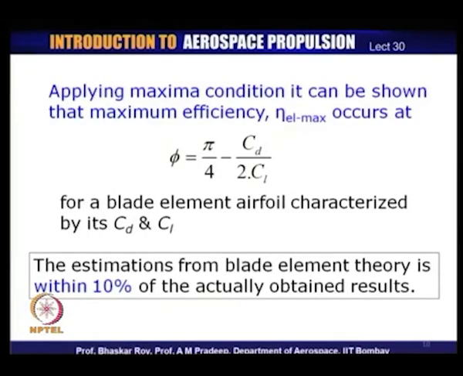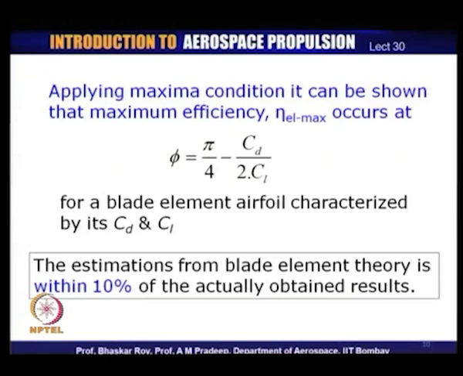Now, what can be done is you can find the maximum efficiency of this element from the earlier equation that we had written down. It can be shown by simple algebraic derivation that the elemental maximum efficiency occurs at phi by 4 minus Cd by twice CL, and this is how you can quickly calculate the maximum elemental efficiency.